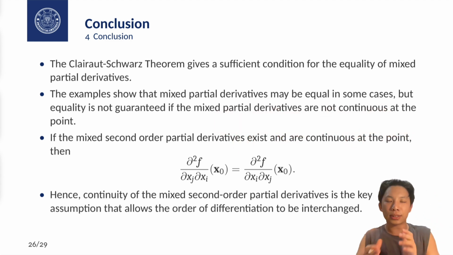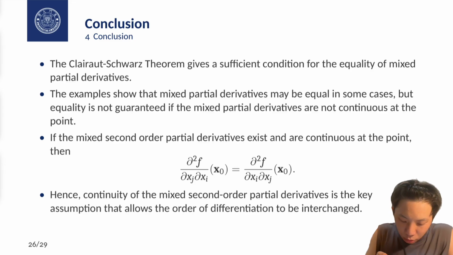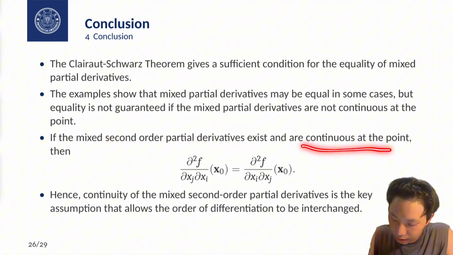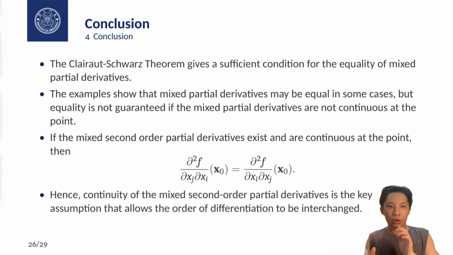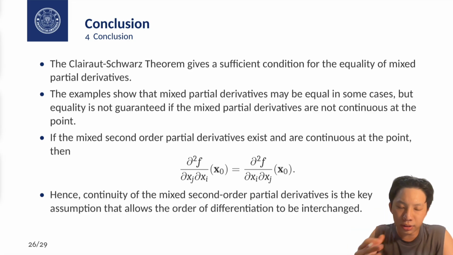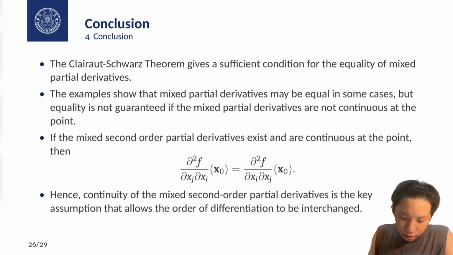Without the continuity assumption, we cannot say anything. The Clairaut theorem tells us that for a function, if the mixed second order partial derivatives are continuous at the point, we can switch the order of differentiation. So the continuity assumption allows us to switch the order of differentiation.